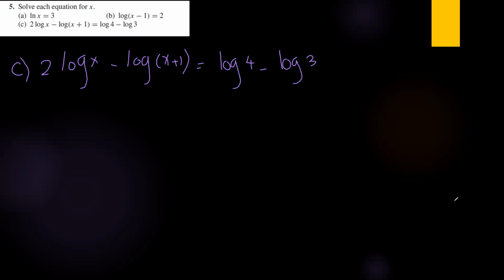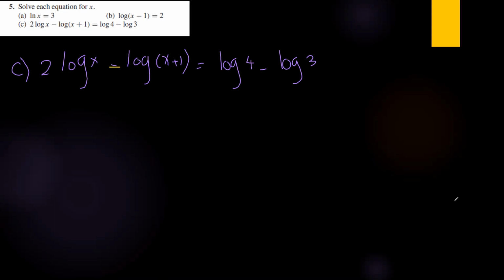The first step here, look at the first one. We have it expanded, and I want to write it as a single logarithm. Why? To solve it every time. If you want to solve the logarithm, write it as a single logarithm. Here it's expanded, so the first step before solving it, you have to write it as a single one.